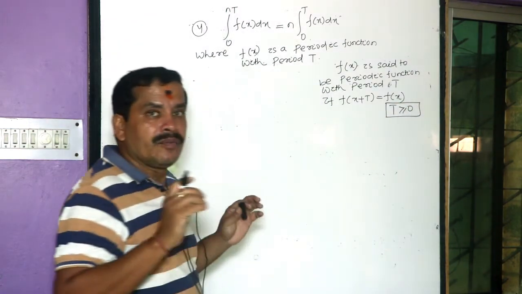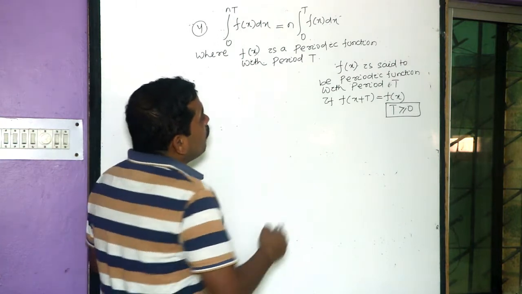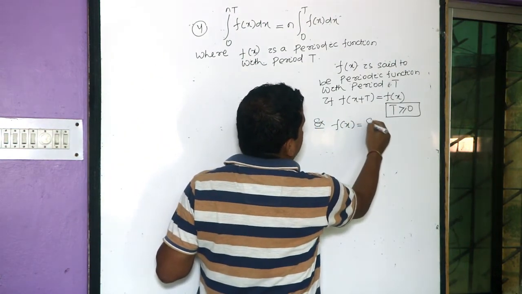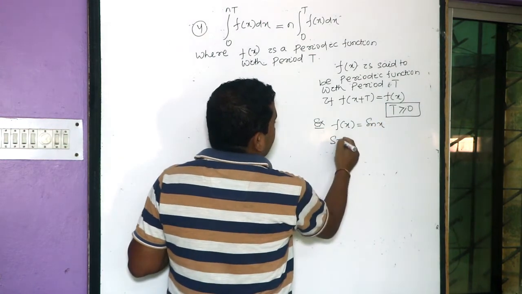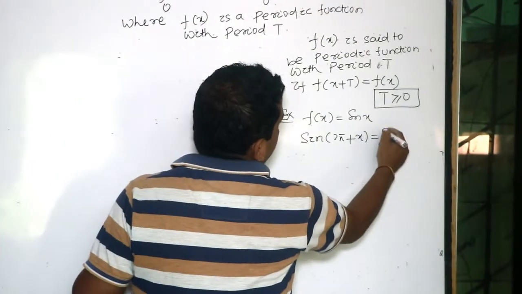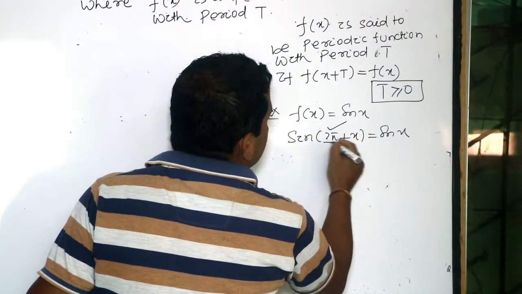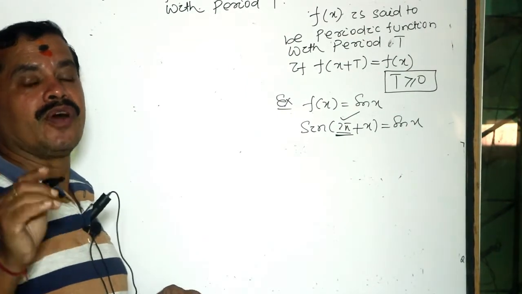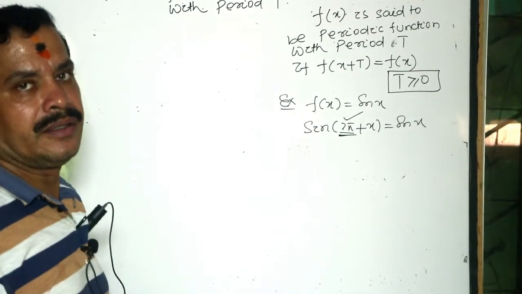T is a positive real number. For example, if f(x) equals sin x, we know that sin(2 pi plus x) equals sin x. So here t is 2 pi. That means sin x is a periodic function with period 2 pi.